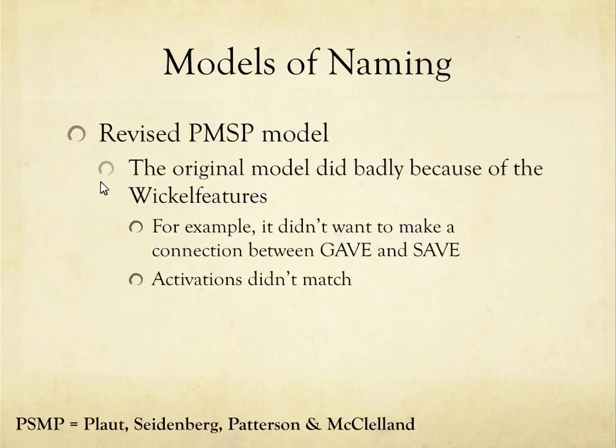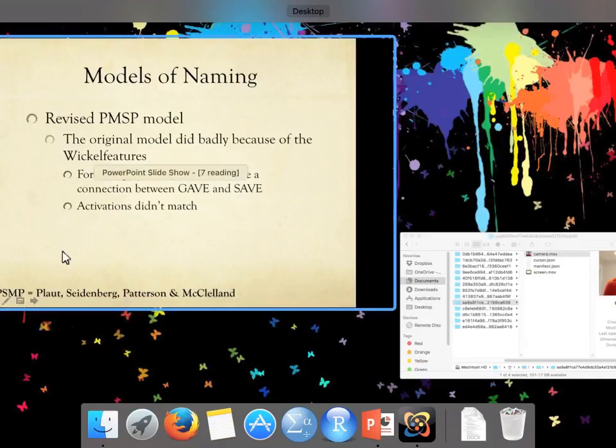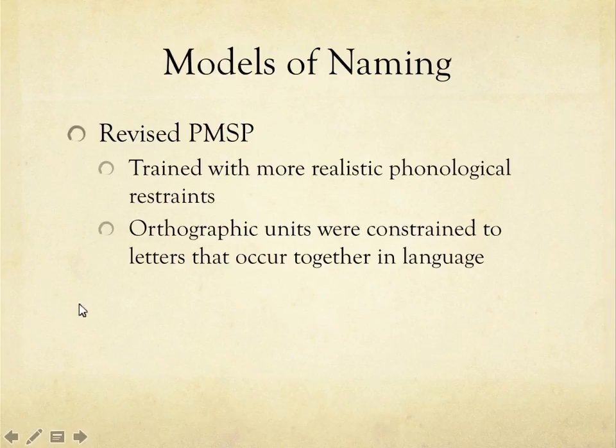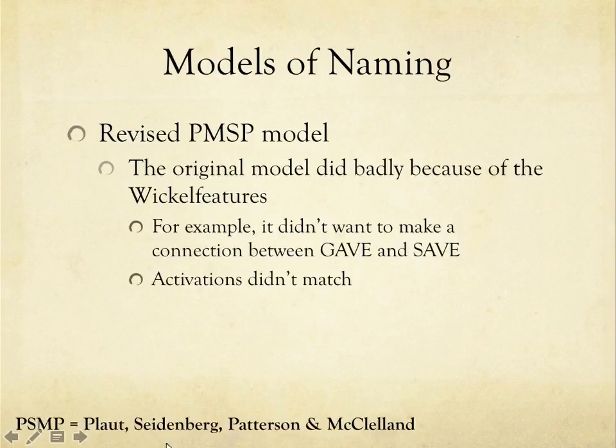So the newer version now is the revised PSMP. I don't remember what order they should go in, but it's probably the one on top, and I did the abbreviation wrong down here. It's the order of the names of the authors: Plaut, McClelland, Seidenberg, and Patterson in some combination.